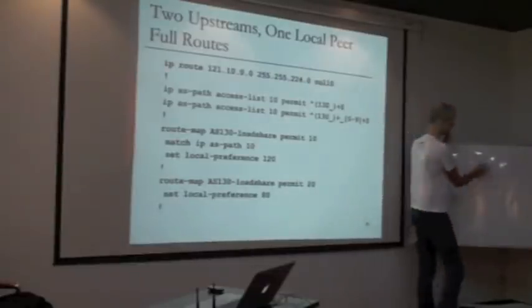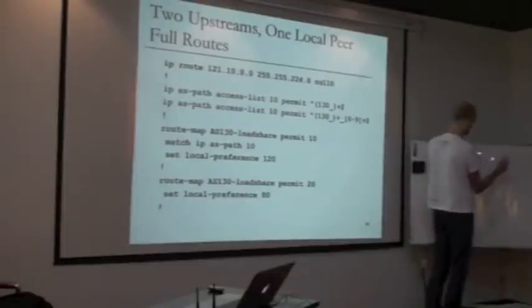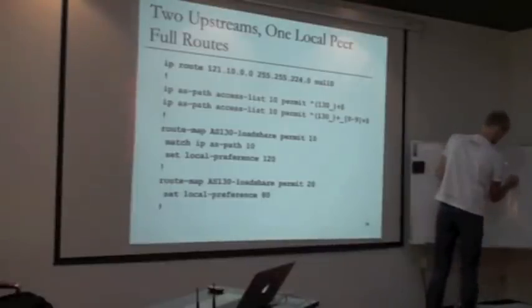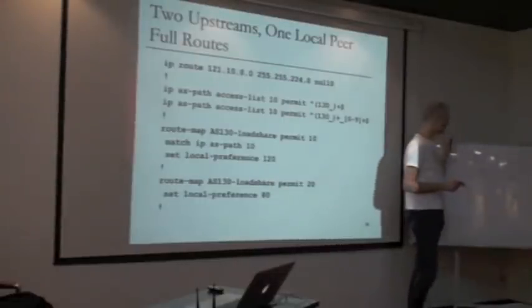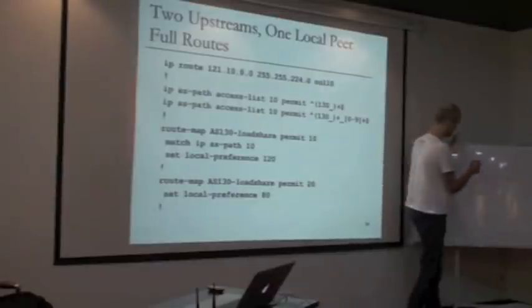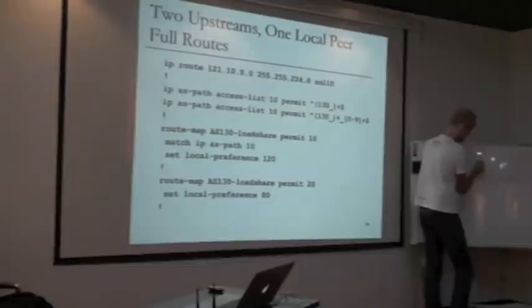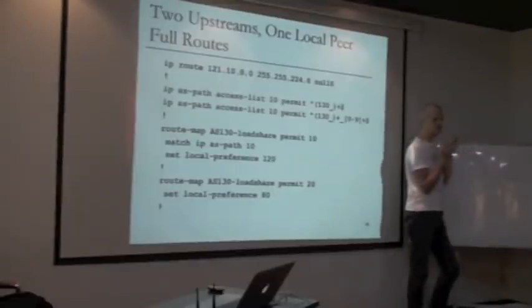We send our aggregate out. So if we send our aggregate out here, I'll write it sideways, aggregate, we send our aggregate out those two links. Anybody in this network, their traffic to get to 110 is going to go that way, right?